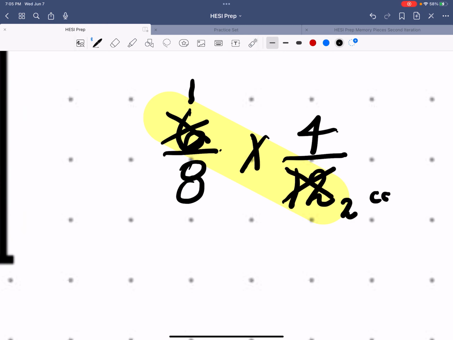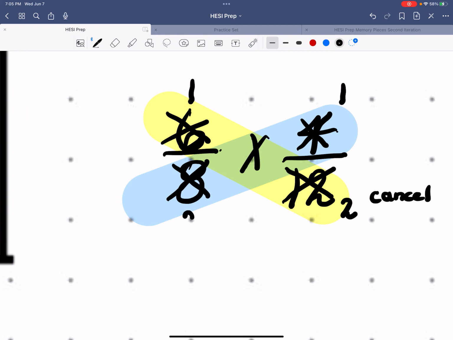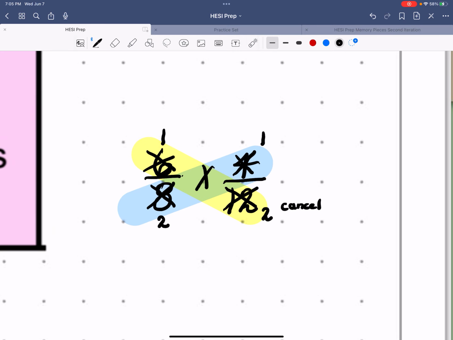And this process is called canceling. It only works with multiplying. If you go the other way, the 8 and the 4, you have to work diagonally. You can say 4 into itself is 1, and 4 into 8 is 2. And then you multiply. Top times top and bottom times bottom. And that 1/4 is your final answer.